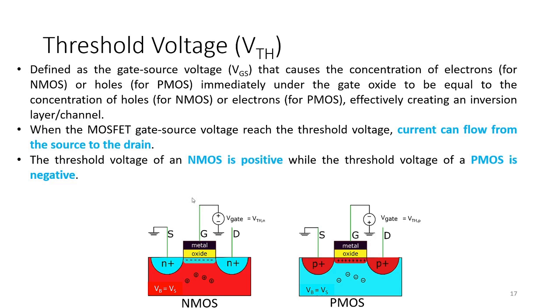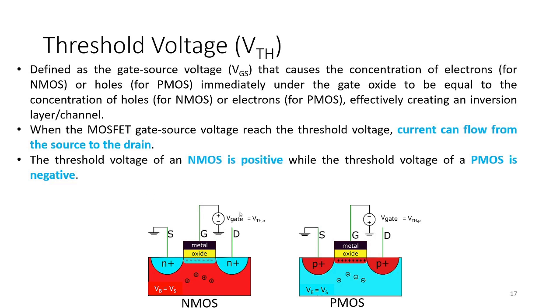So if the MOSFET gate source voltage reaches this threshold voltage, let's name it VTHN for NMOS and VTHP for PMOS, current can flow from source to drain.